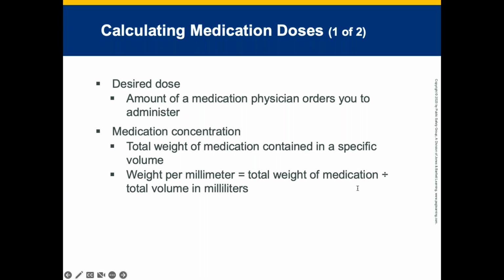So one example would be ketamine is supplied to us as 500 milligrams in 10 mLs, okay? So if you break that down, how many milligrams per ml would that be? 50, exactly, right? 50 milligrams. And then I tell you the amount ordered is going to be, let's say, 40 milligrams.